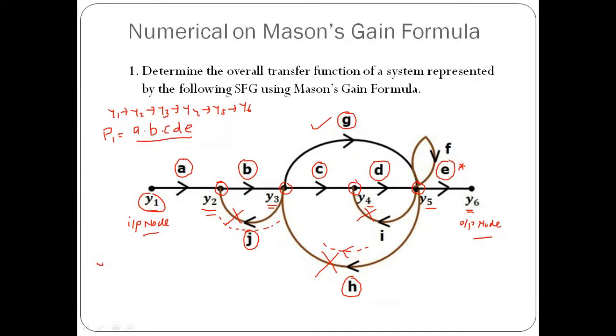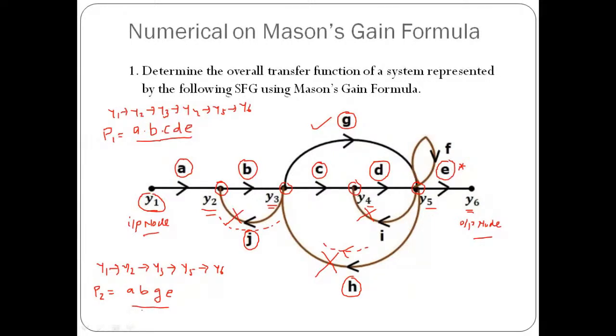It is going to be y1 to y2, then y2 to y3, then y3 directly to y5, and then y5 to y6. And what will be the gain of that forward path, indicated by the symbol P2? It is going to be A into B, multiplied by G, multiplied by E. So ABGE will be the gain of the second forward path.